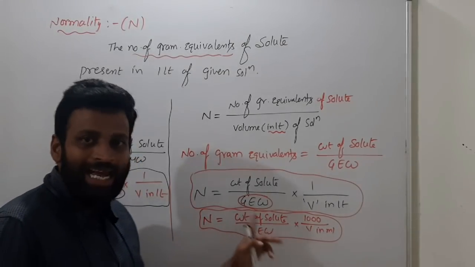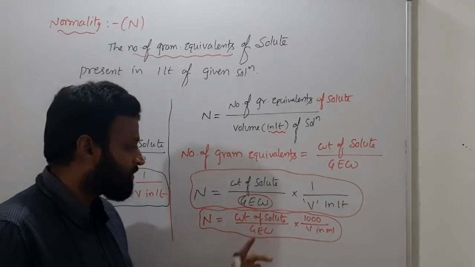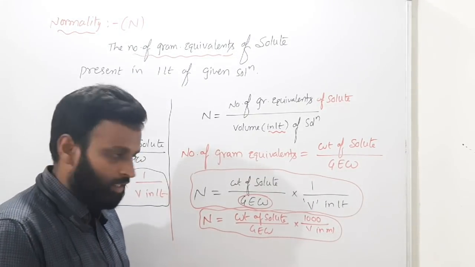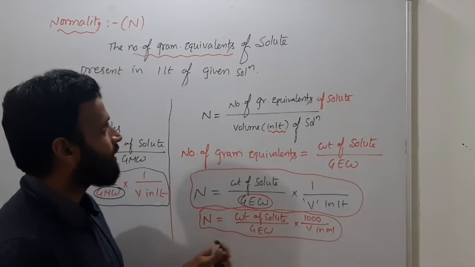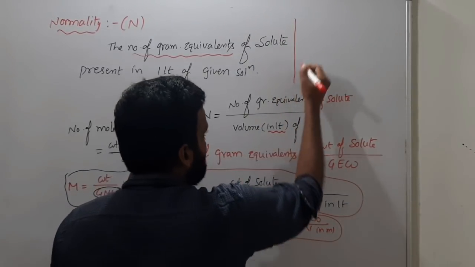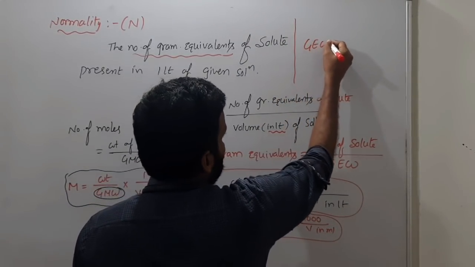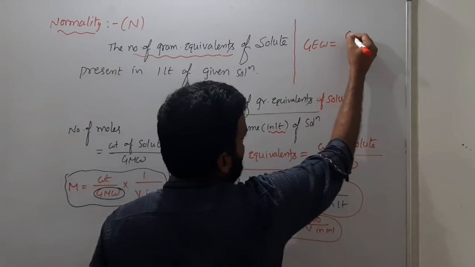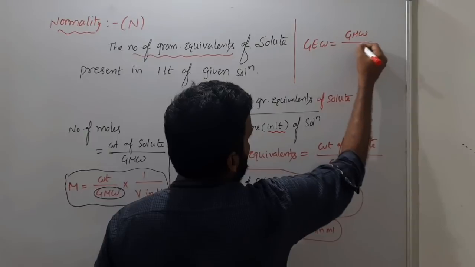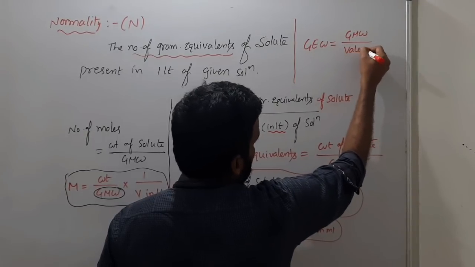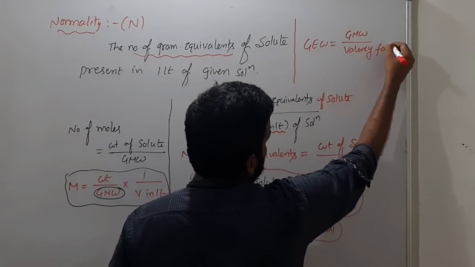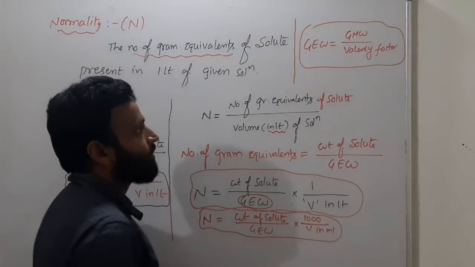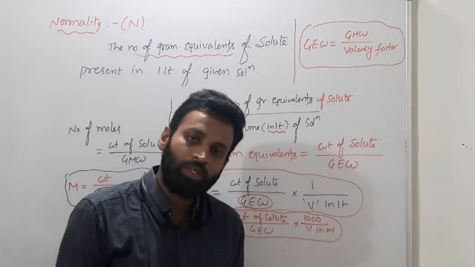If you know the gram molecular weight, gram equivalent weight will be easy. I'll explain it in our next class, but gram equivalent weight is equal to gram molecular weight by valency factor.